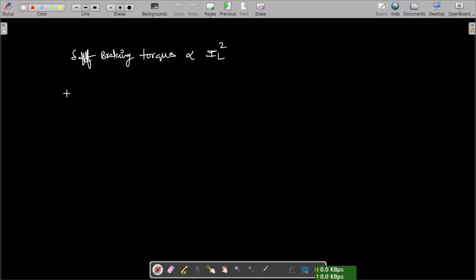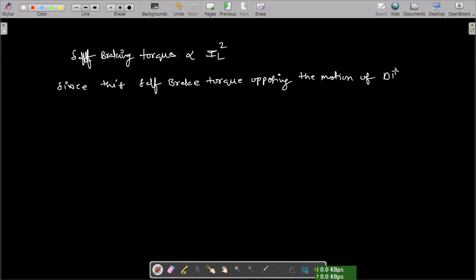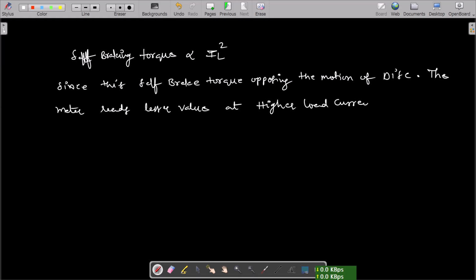So since this self braking torque is opposing the motion of the disk, the meter reads a lesser value at higher load currents.